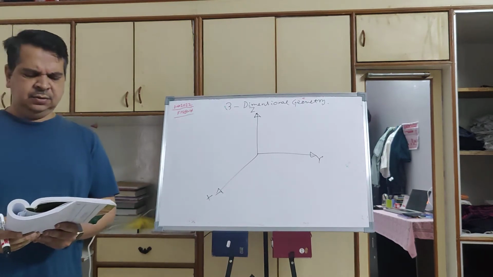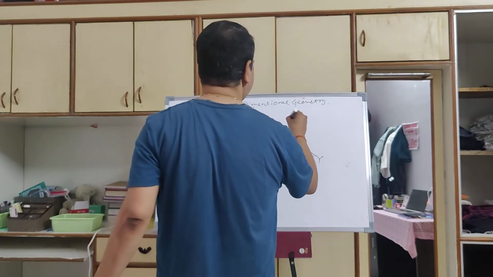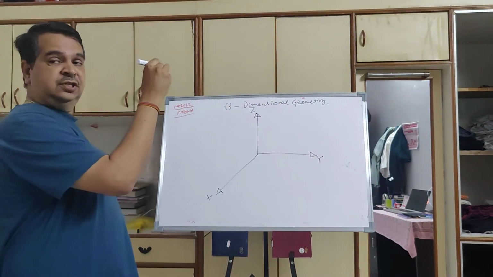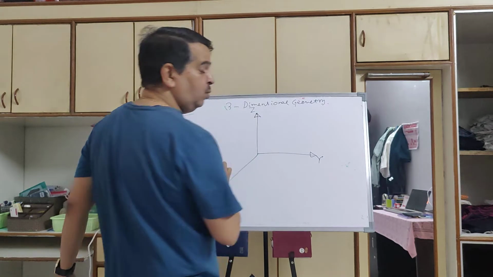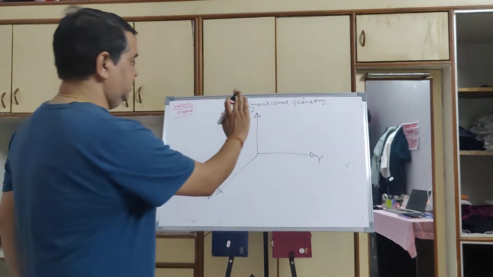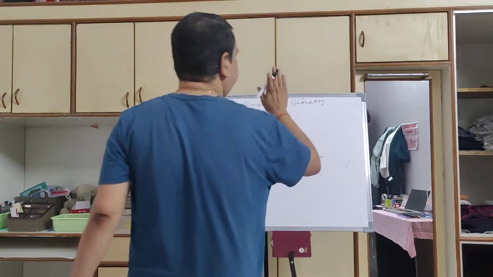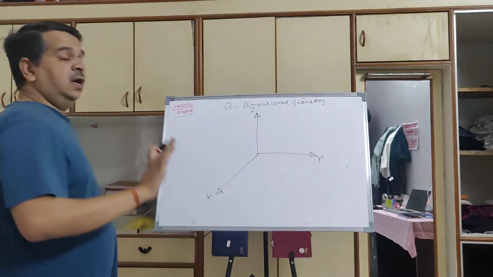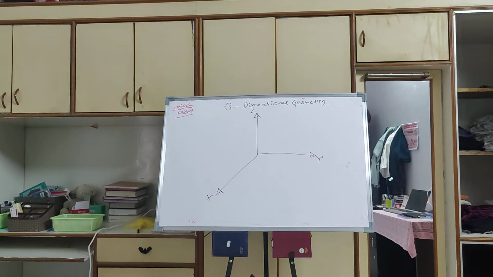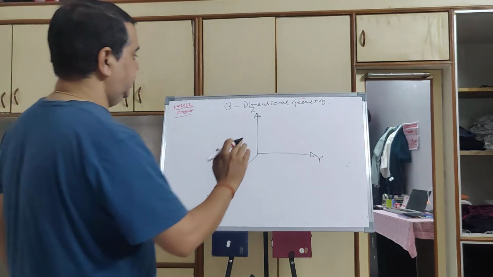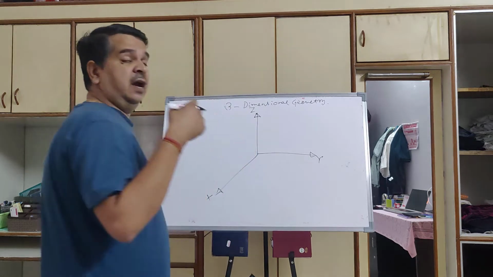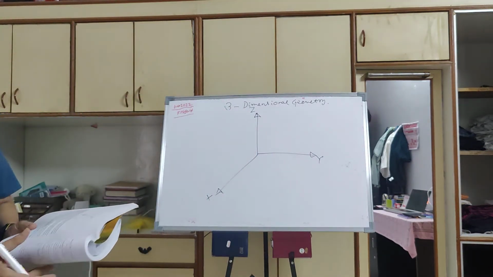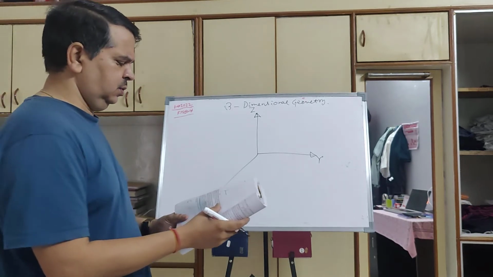Imagine there is a point which is not in this plane, and it is not in the YZ plane. The x direction is perpendicular to the board. This is the ZY plane. So imagine a point which is not in the ZY plane, but a little above it, in the XYZ space, so that it will have an x coordinate also.